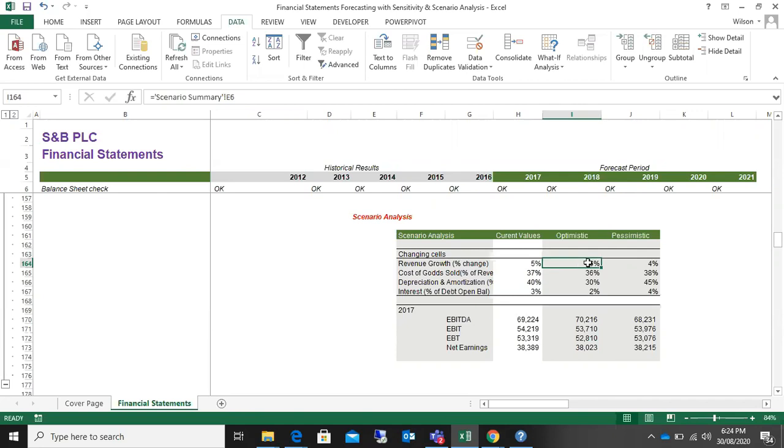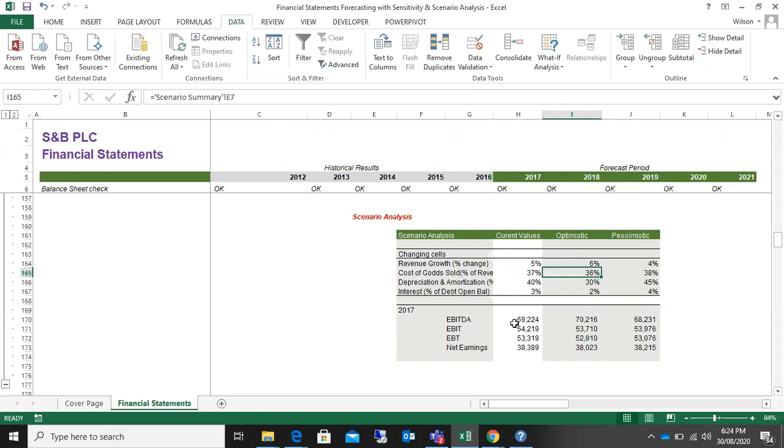So this 6% means that the impact it will have is going to increase EBITDA. Of course, it's logical. EBITDA will increase from 69 to 70. Now, if we are pessimistic that it will be 4%, then it will fall our EBITDA. EBITDA will fall to 68. If we are currently at 37%, and we are optimistic that cost of goods sold as a percentage of revenue will drop to 36%, what will happen?